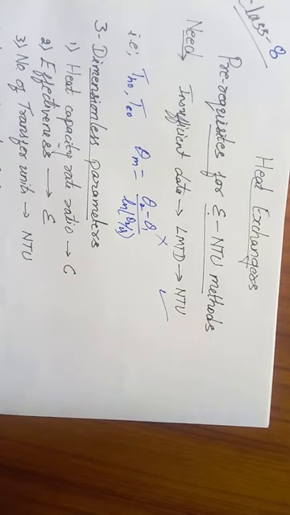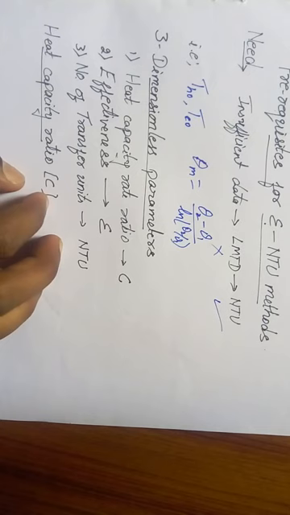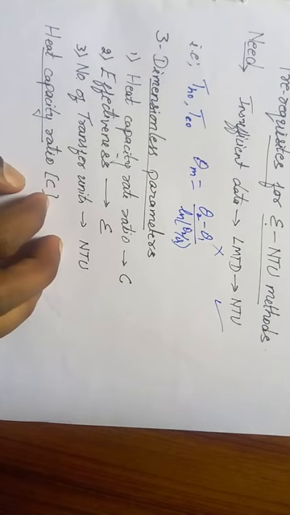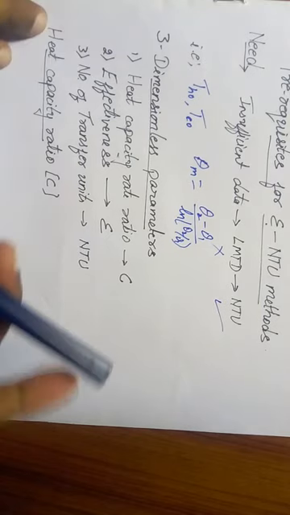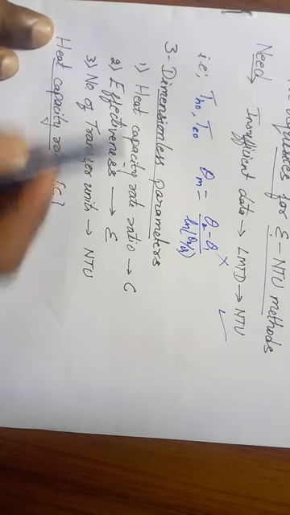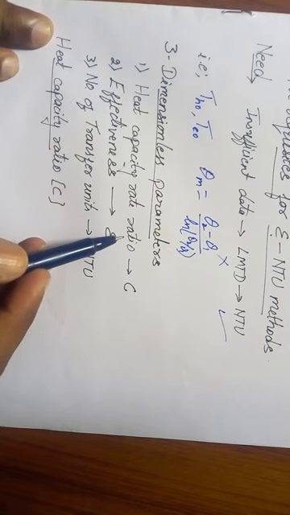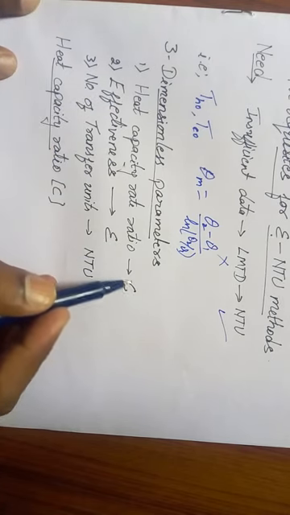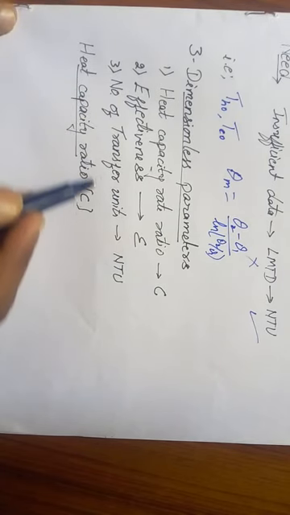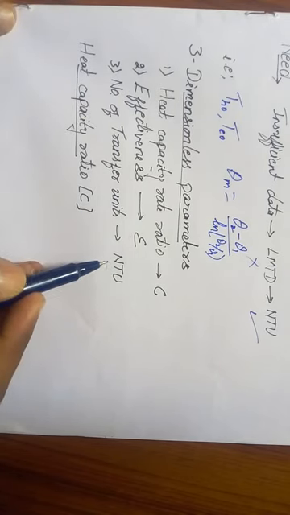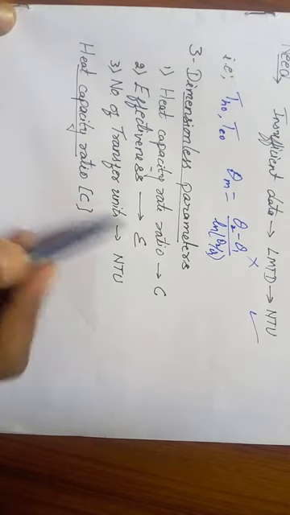Now you need to know 3 dimensionless parameters to start with the NTU method. Those parameters are the heat capacity ratio, or heat capacity rate ratio, represented by C; the effectiveness, epsilon; and the number of transfer units, represented by NTU. I'll go through them one by one.